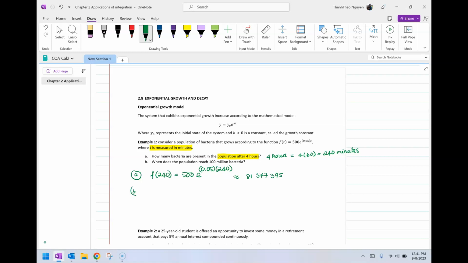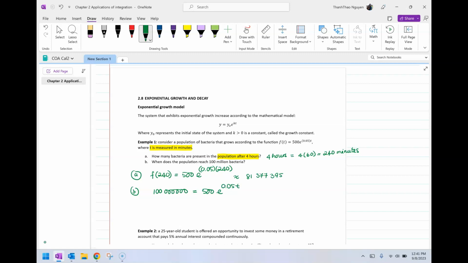The next question asks, when does the population reach 100 million bacteria? So we are given the amount of bacteria and we need to solve for t. So 100 million equals 500 times e to the 0.05t.